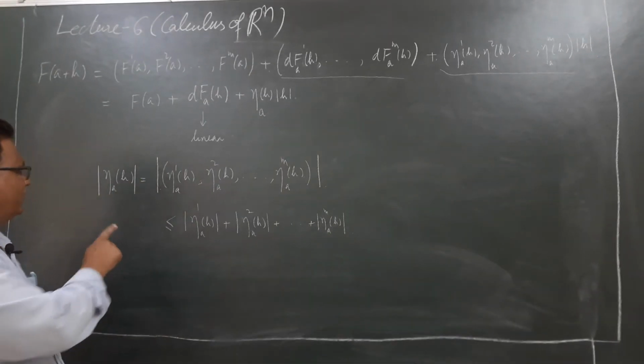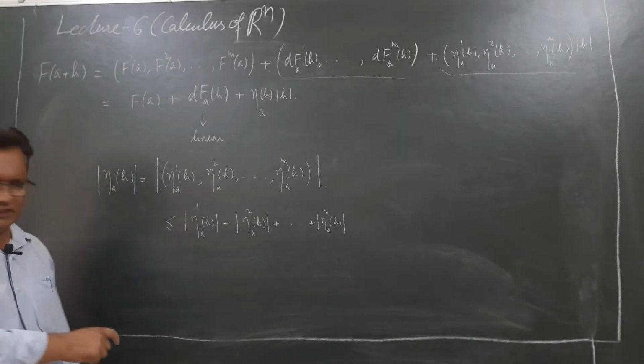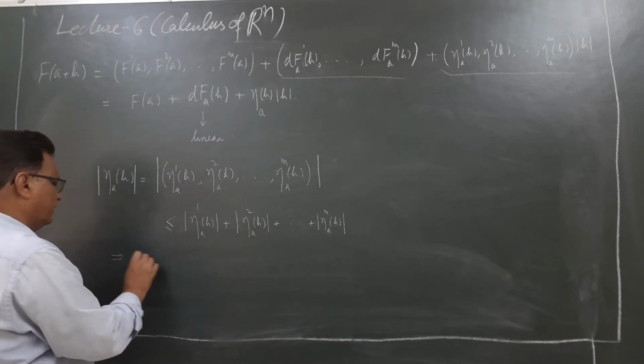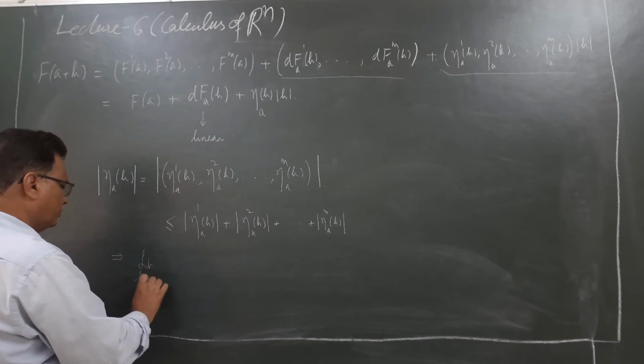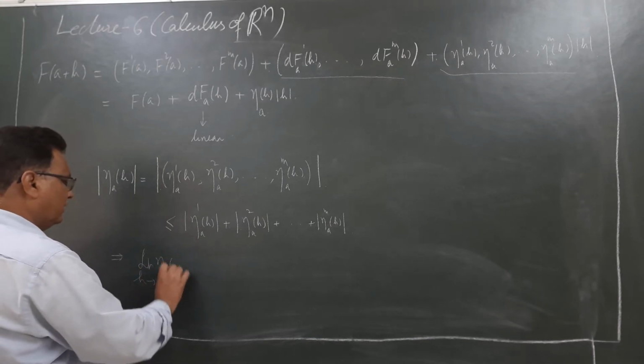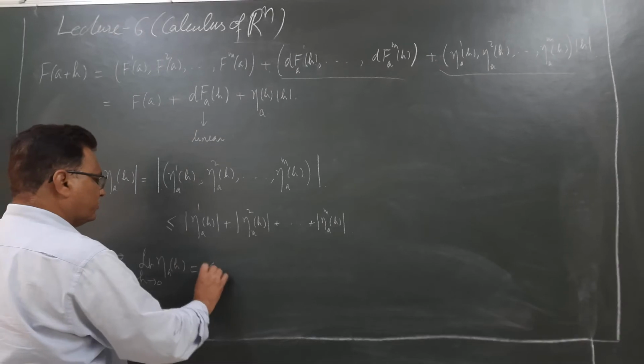Is it right? And therefore it is continuous at 0. So what follows from here is that the limit when h goes to 0 of eta(h) is equal to 0.